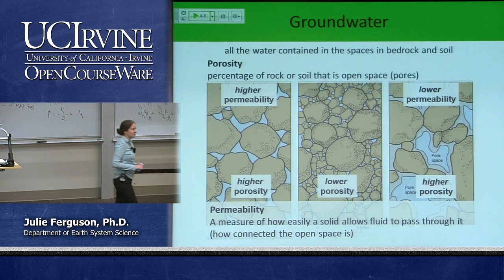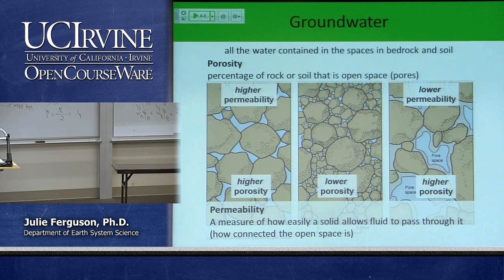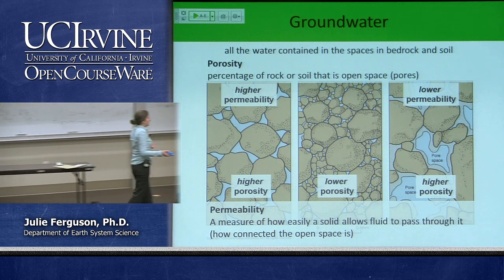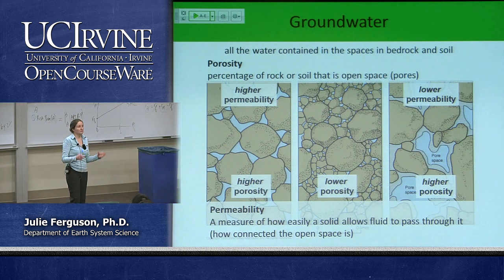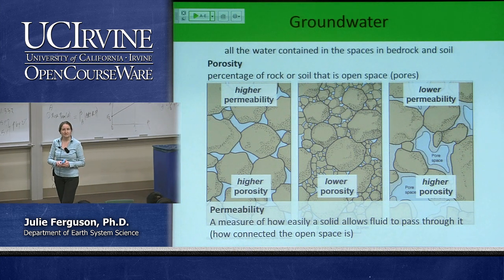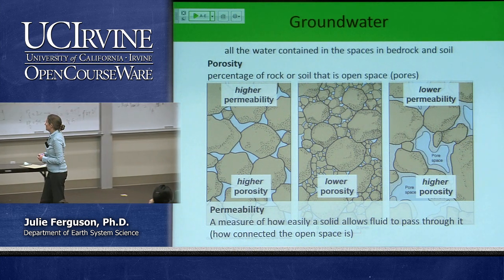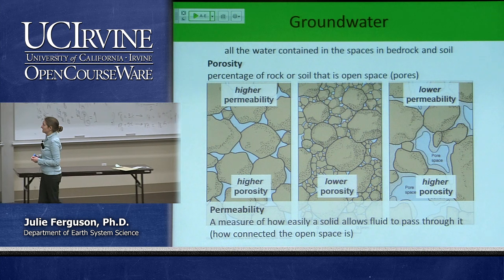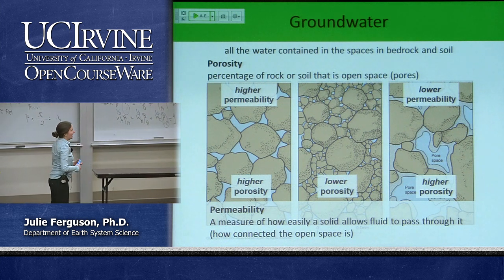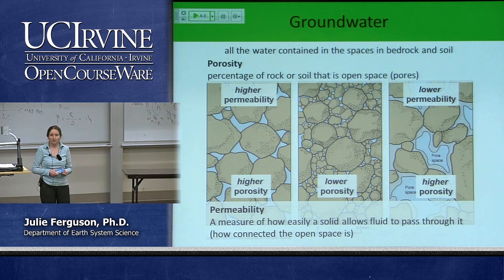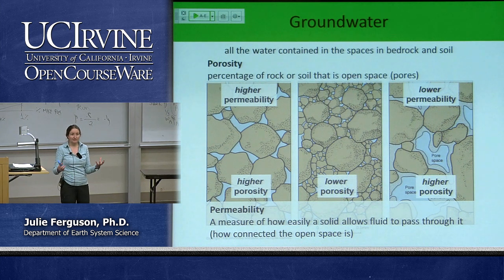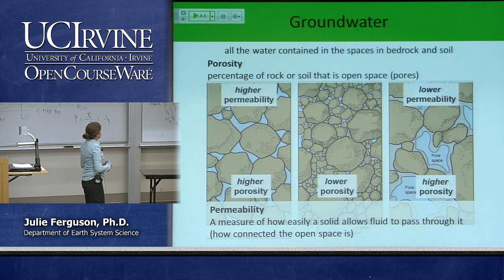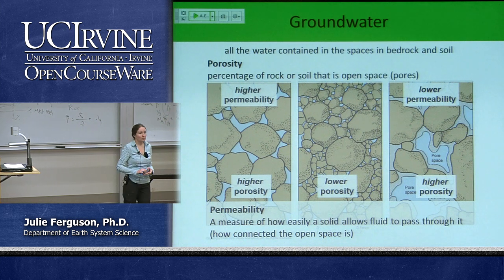So let's introduce some terms that we use to describe how much water we have in our soil. If we're going to talk about frozen soil, then it's nice to know what we can use to describe that. And we have two things that we use to describe how much water we can get into our bedrock and soil. First of all, that's called groundwater. It's basically all the water we can get into the ground. And we then have porosity.